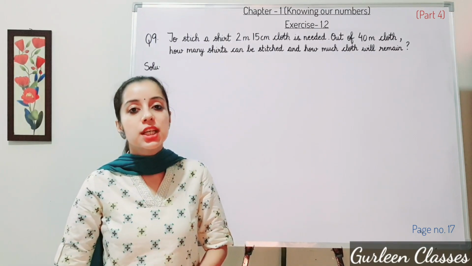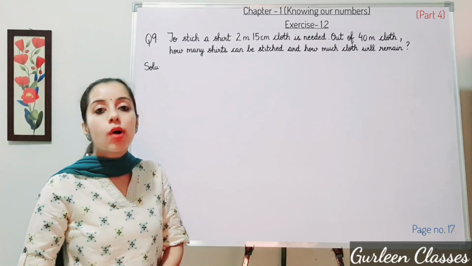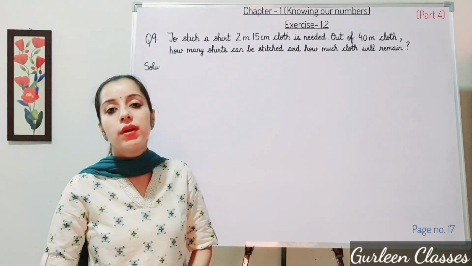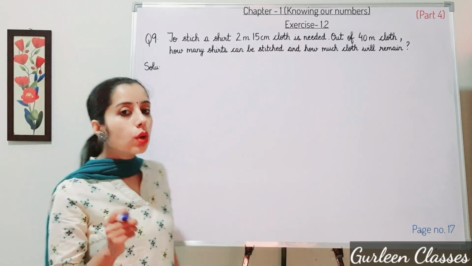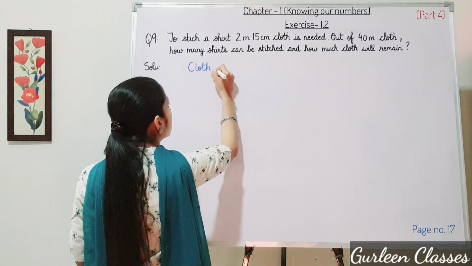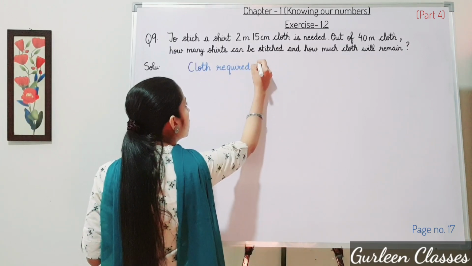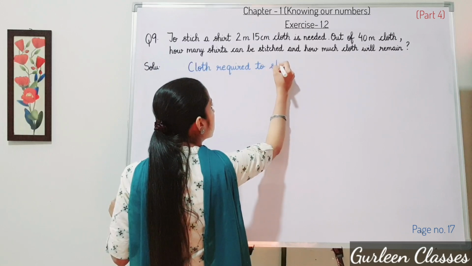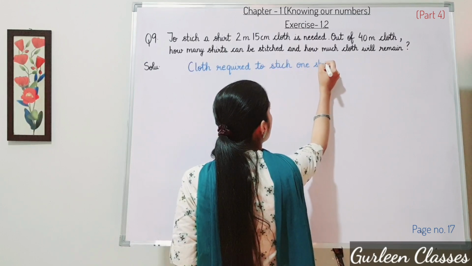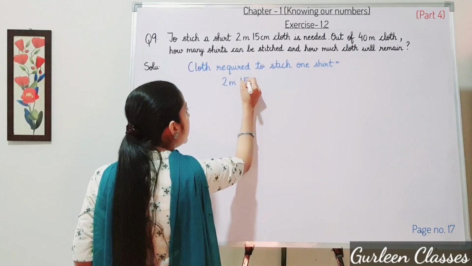Question number 9. To stitch a shirt, 2 meter 15 centimeter cloth is needed. Out of 40 meter cloth, how many shirts can be stitched and how much cloth will remain? First, let us write here cloth required to stitch one shirt. How much is it? 2 meter 15 centimeter.